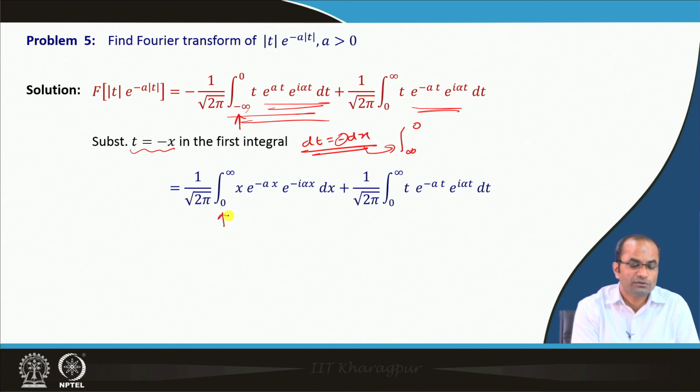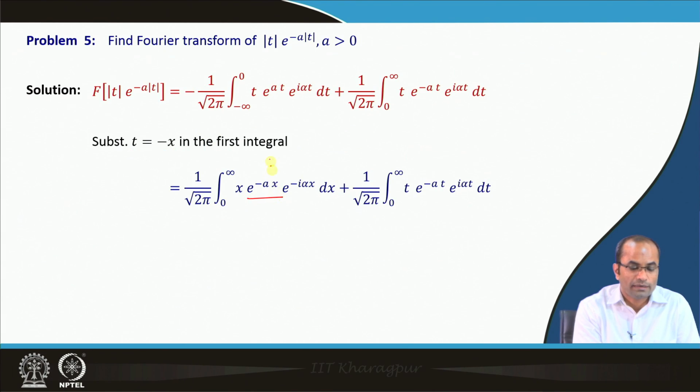So, we have the limit 0 to infinity, the t is replaced by minus x. So, there is a minus here now, which will be compensated with this minus which was already at front there. So, e power minus a x and e power minus I alpha x dx, and the second integral as it is. So, again this t may be replaced by x, may be replaced by t.